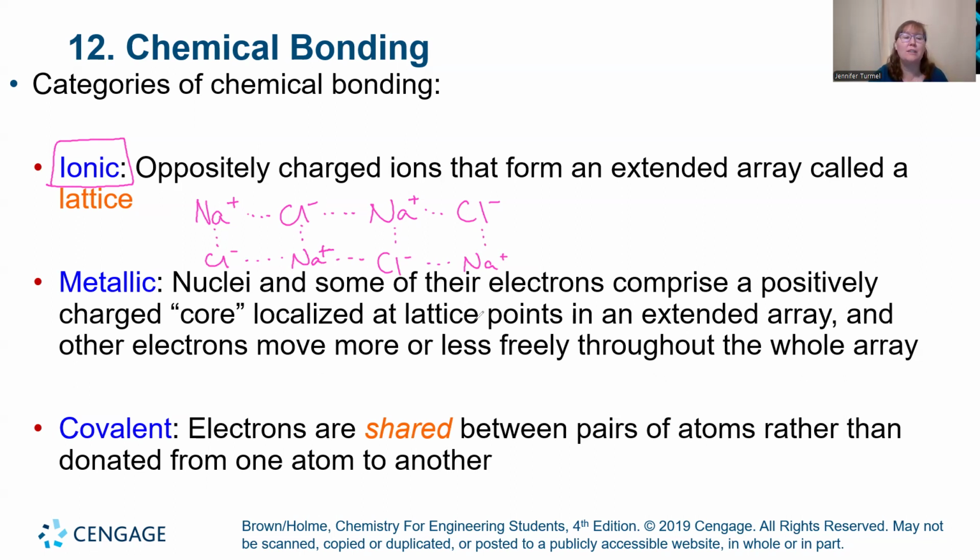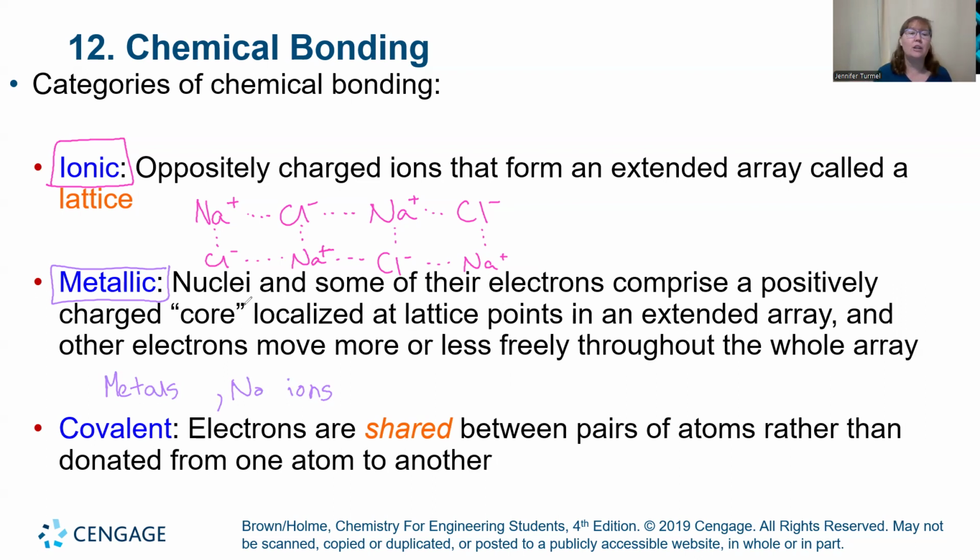Okay, metallic bonding we'll get to a little bit differently. Metallic bonding is going to be completely different. So this is only metals, and there are no ions because metals only form positive ions, and you can only have ionic compounds when they're balanced. So when you're working with your metals here, you have your nuclei and some of the electrons, the core electrons.